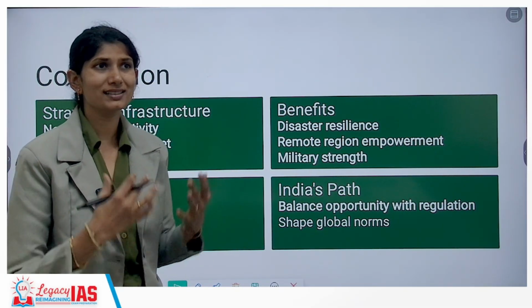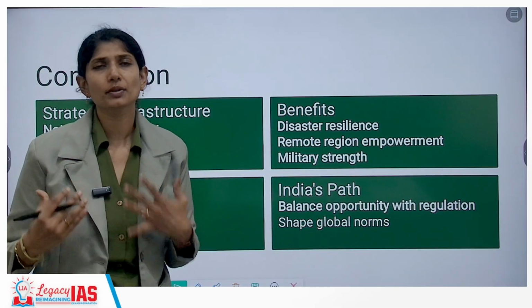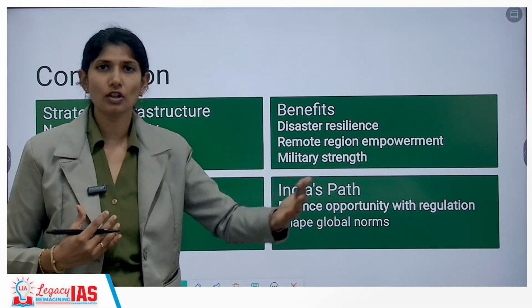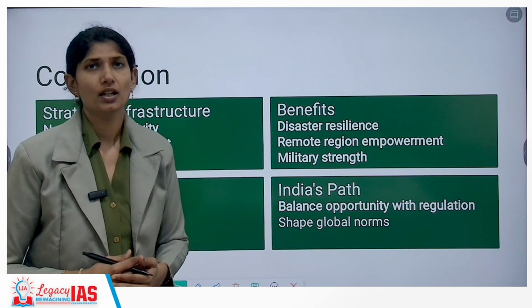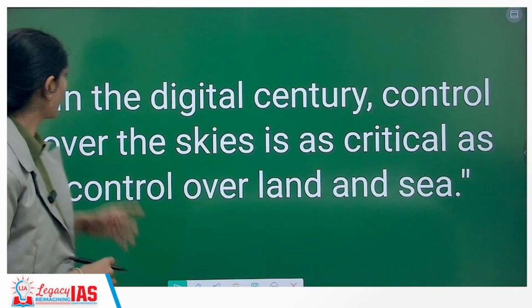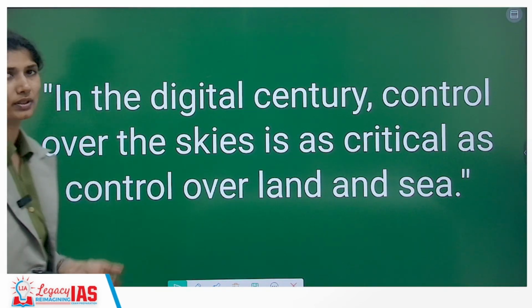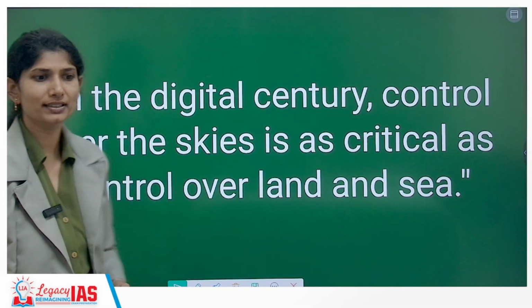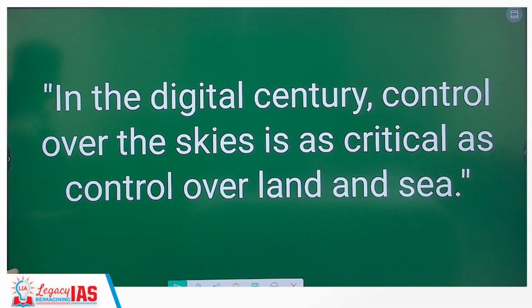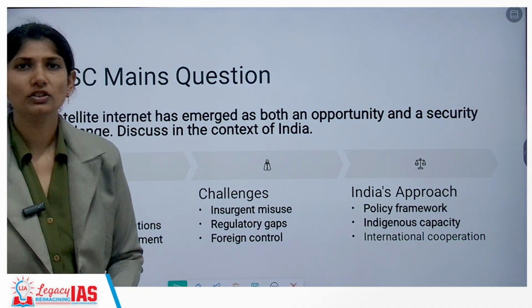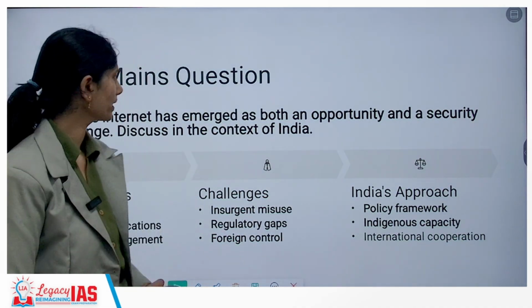Understanding that we cannot stay away from satellite internet whether we want it or not, because that is the new power. Understanding, when we say new power in the digital century, control over the sky is as important as control over land and sea. Understanding?